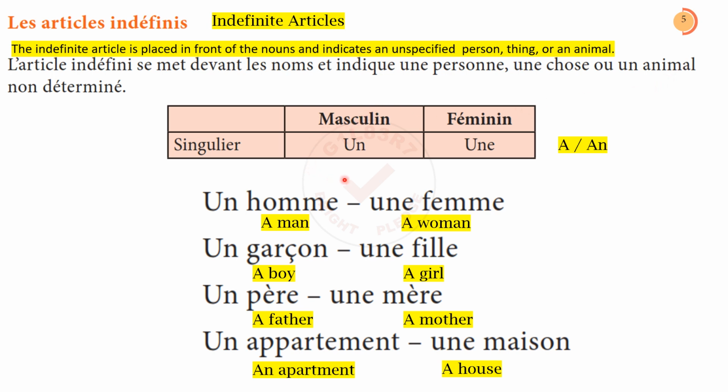If it's masculine singular, you're going to use un. If it's feminine singular, you're going to use une. They have given you a few examples: un homme, a man, une femme, a woman, un garçon, a boy, une fille, a girl, un père, a father, une mère, a mother, un appartement, an apartment, une maison, a house.